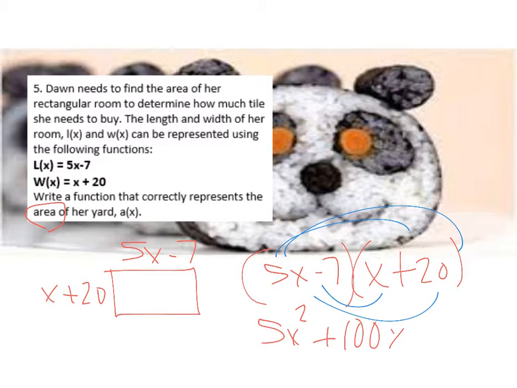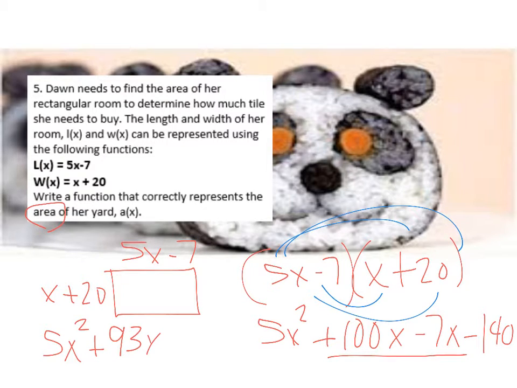Negative 7 times x is negative 7x, and negative 7 times 20 is minus 140. Now, if you combine like terms, 100x plus negative 7x is 93x, so 5x squared plus 93x minus 140. So there we go. That is an expression for the area of that rectangle.